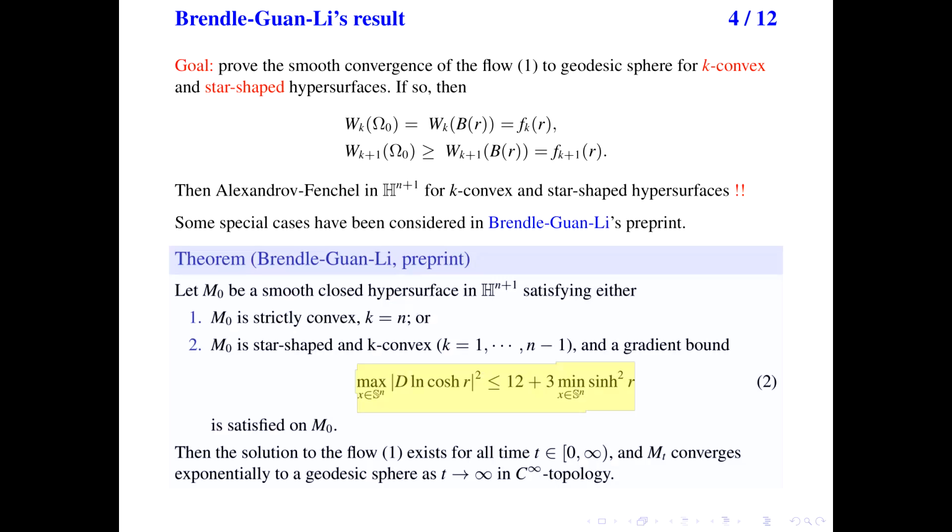Then in either of the above two cases, we can prove that the solution of the flow exists for all time and converges exponentially to a geodesic sphere. The condition 2 is artificial and is only used to prove the C1 estimate of the flow. So it's a question whether we can remove this condition.